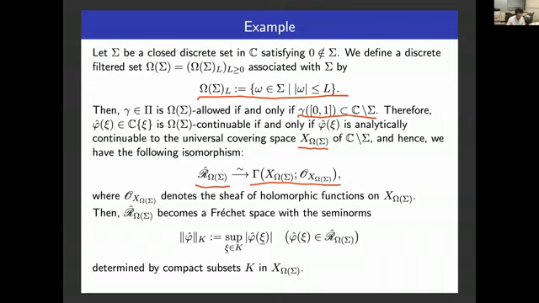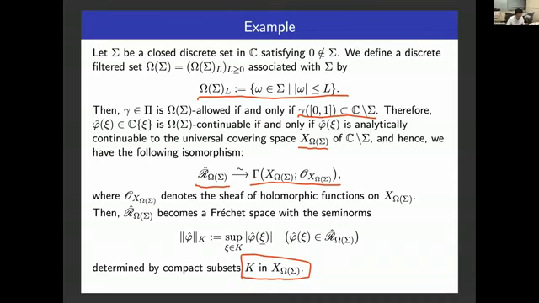So in this way, if the discrete filtered set is given by a closed discrete set in the complex plane, we can introduce a Frechet space structure using compact sets in X omega sigma. And as I said, this is a prototype of our following discussion.